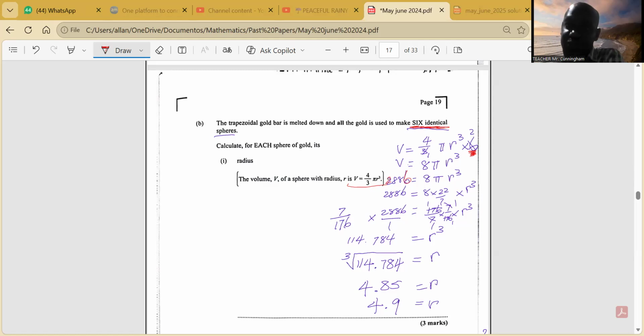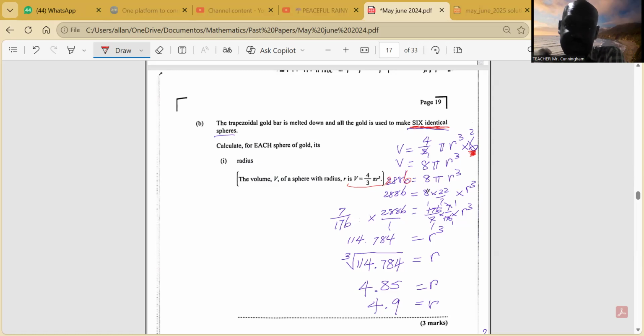And it just transposes: 3 into 3, 1, 3 into 6, 2, 2 by 8. What I did before, I just divide 2886 divided by 8. And then they said, use pi as 22/7, then I multiply by 7/22.